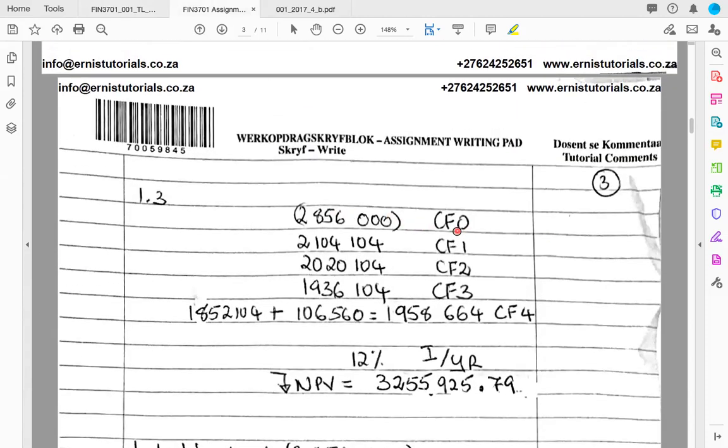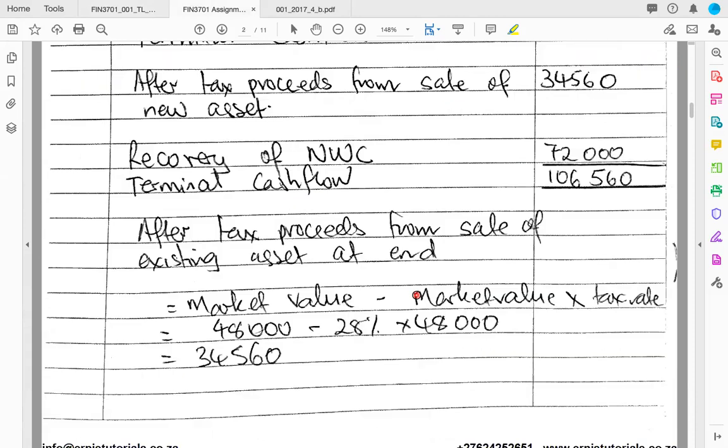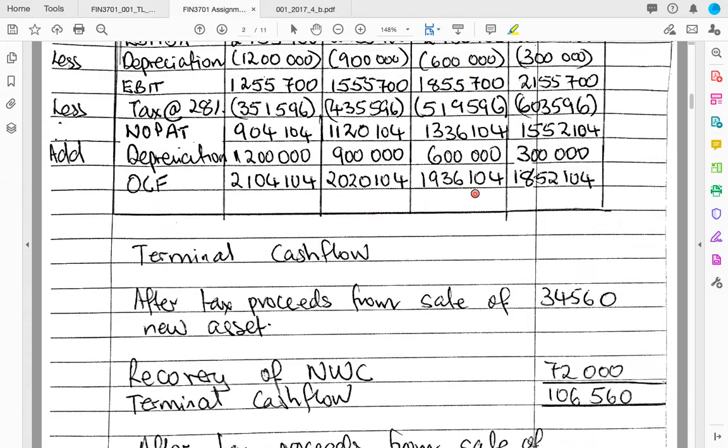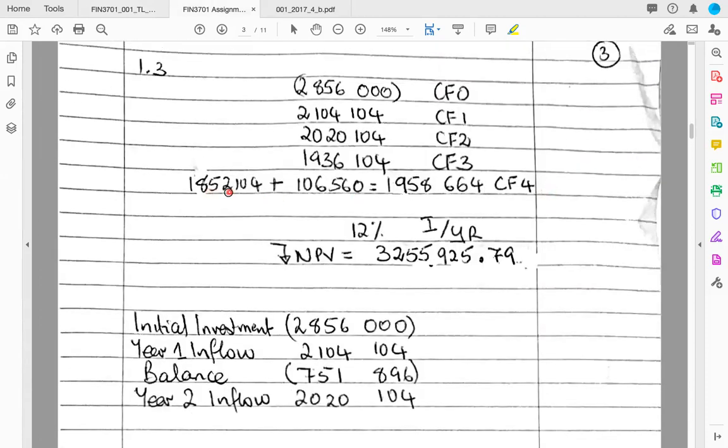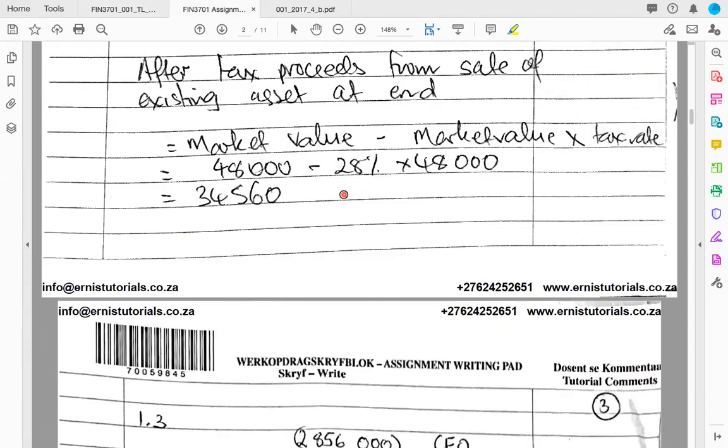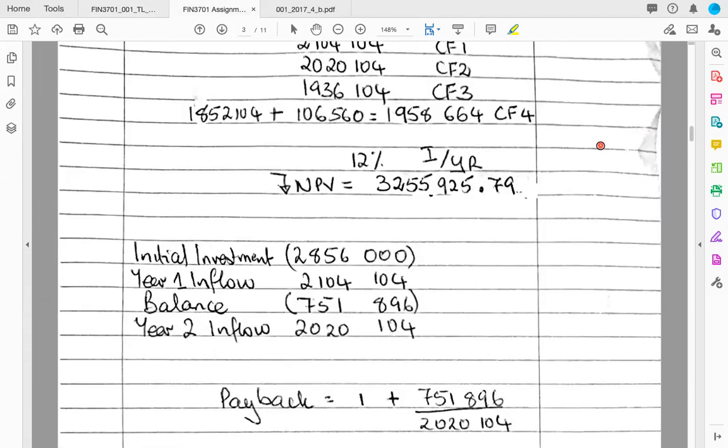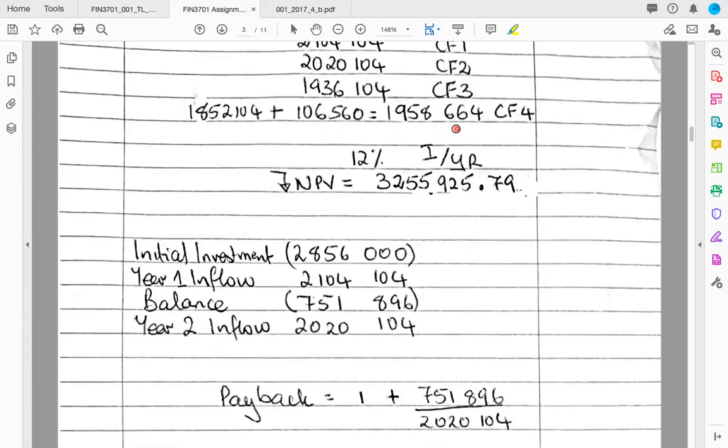That's money going out at the beginning. CF1, CF2, CF3 are simply your operating cash inflows. To the last operating cash inflow, you add your terminal cash flow.